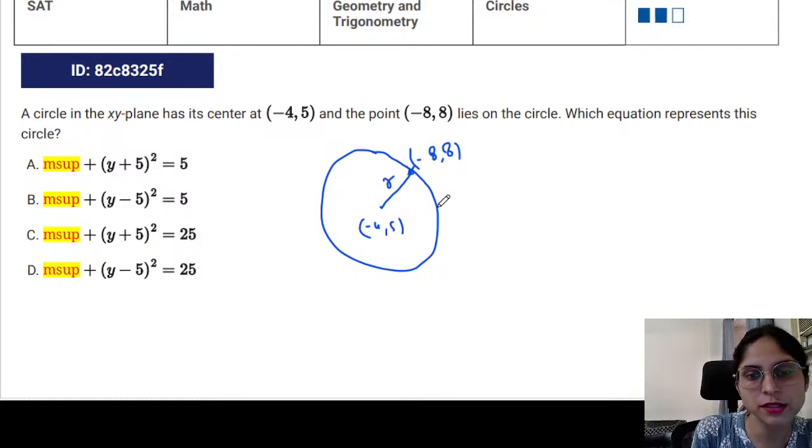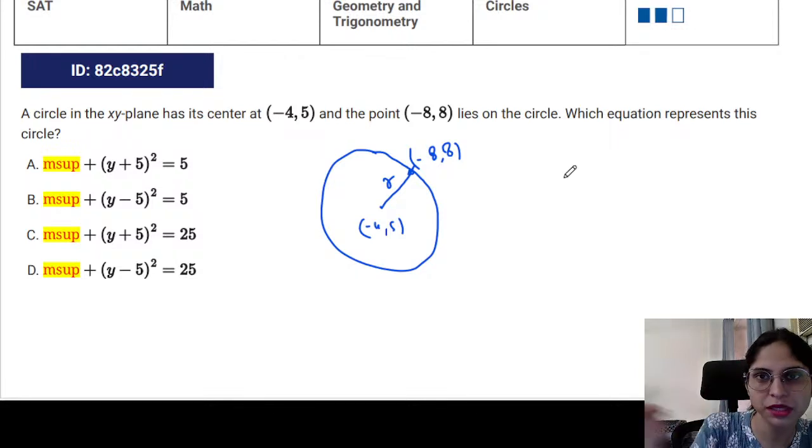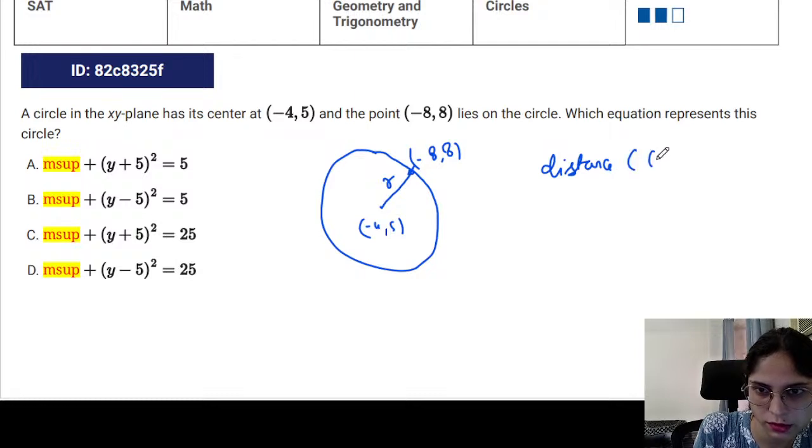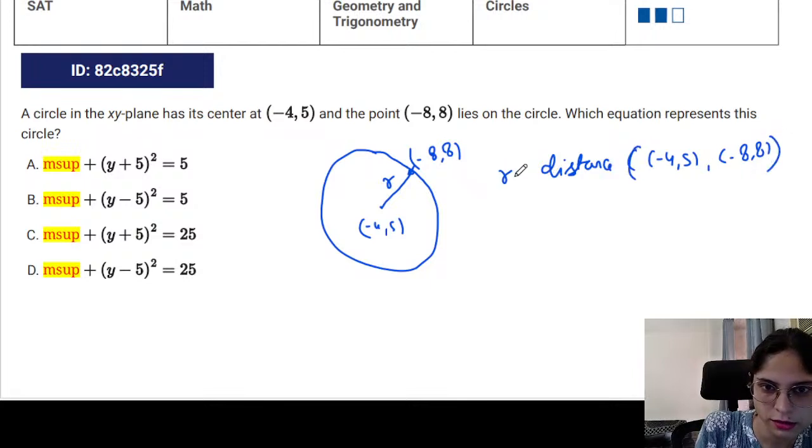Alright, so you can just find the distance. You can use the distance formula, square root of (x2 − x1)² + (y2 − y1)², or you can simply write distance and then the 2 points in Desmos and you will get your distance. And once we have got our radius, we have got our equation.